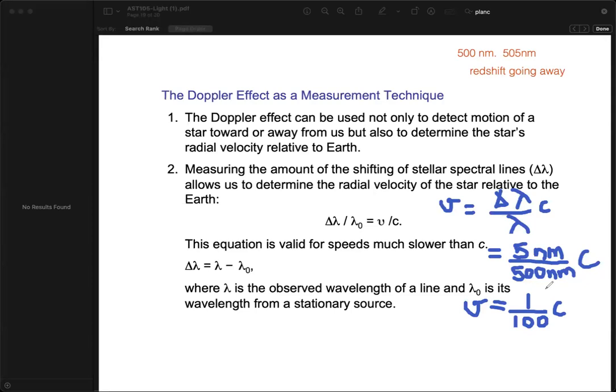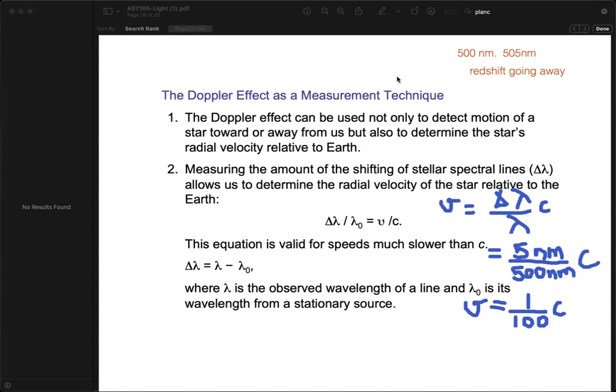Okay, so it's convenient to do that if we just keep it like c. However, if somebody wanted an exact number in terms of meters per second, then you would put down the value of c, 3 times 10 to the 8 meters per second, and do the calculation. All right, so that's how we use this Doppler shift.